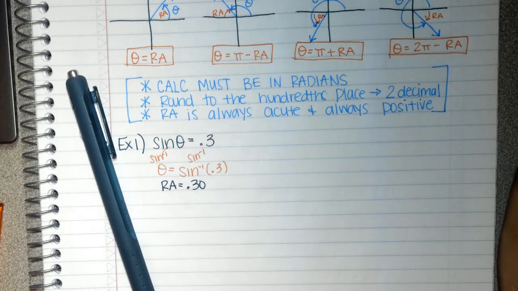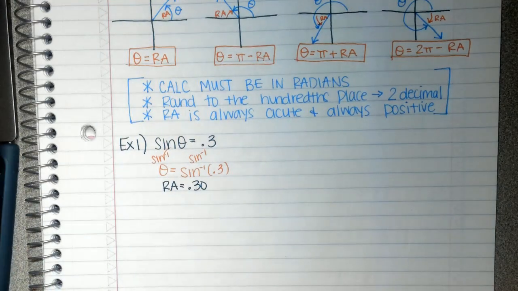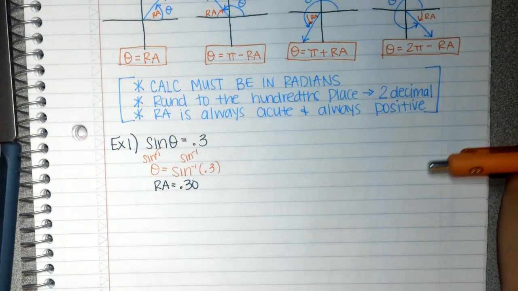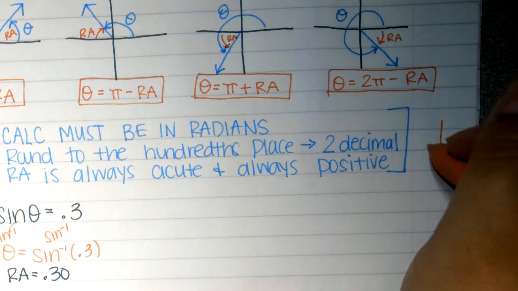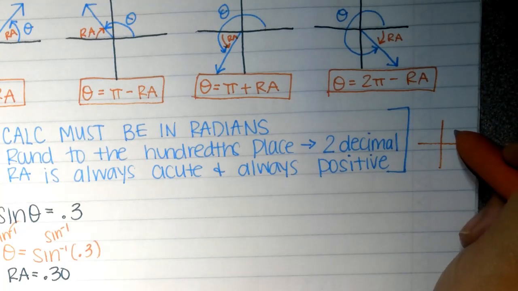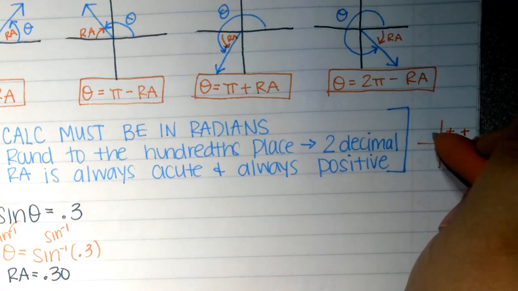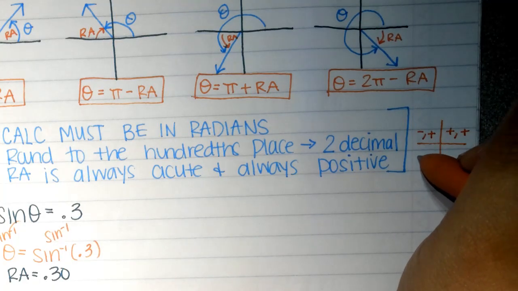we have to figure out what quadrant we are dealing with here to know which one of these we are going to use. So let's remember about our quadrants. I'm going to add this up here to the right, just very small. What do we know about quadrant 1? Positive, positive. Quadrant 2? Negative, positive. Quadrant 3?